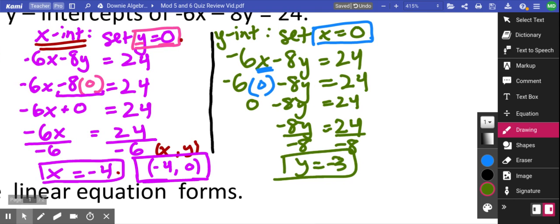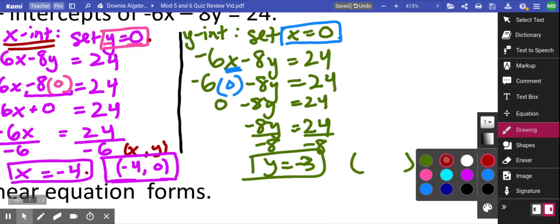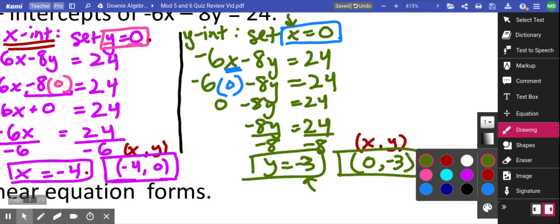Now, if we wanted this as an ordered pair, we know that our input and output, in this case, our x equaled 0. That was our input. And our output equals negative 3. So our y-intercept was 0, negative 3.